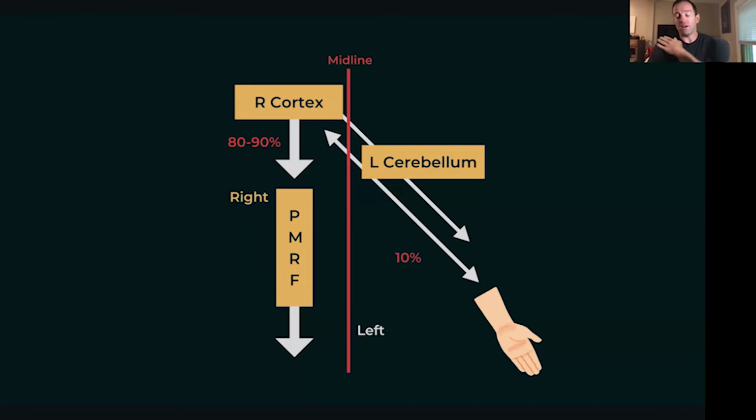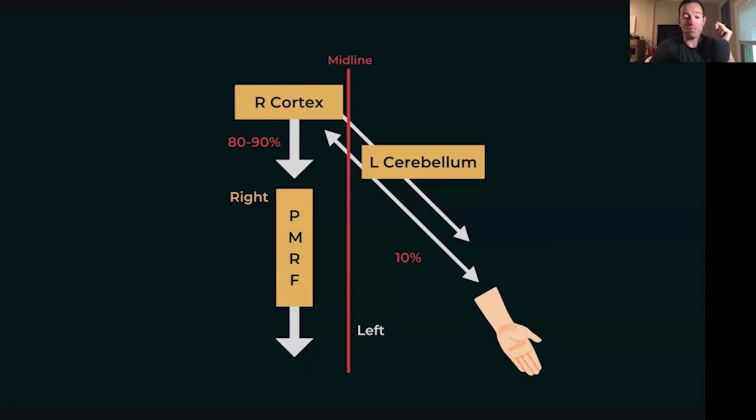So that means if I foam roll or trigger point or do Graston or do dry needling or do whatever is out there, there's so many different things, to this right shoulder, that information is eventually going to go to the opposite cortex, and the opposite cortex is going to act on the opposite brainstem.